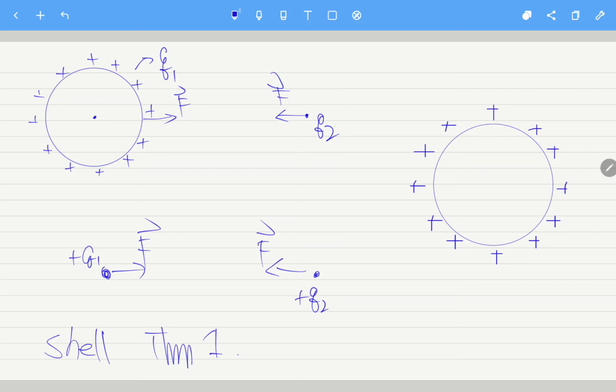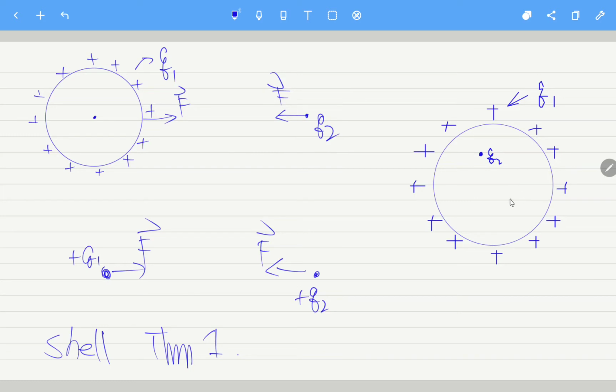Suppose you consider a charge placed inside, not necessarily at the center, just inside the sphere. Maybe it is still Q1. Then there will be no force acting on this charge.